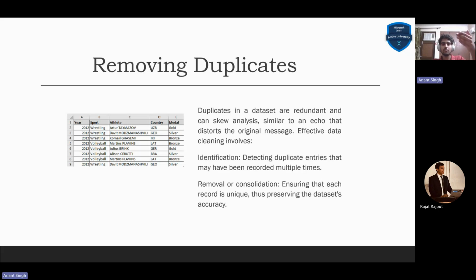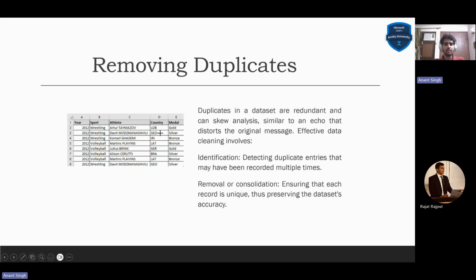So in this case, we remove the duplicates. Duplicates in a dataset are redundant and can skew analysis. As we just talked about, it can skew analysis to 6 feet, right? It will be similar to an echo that distorts the original message. Effective data cleaning involves identification. First of all, you have to identify which rows are duplicates. For example, over here, we can see David has 2 rows, Martin has 2 rows, and I can't find anyone else.